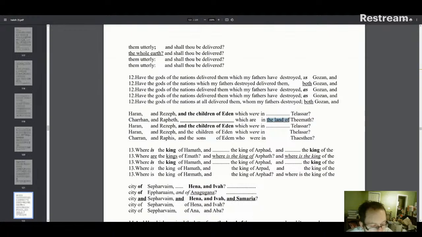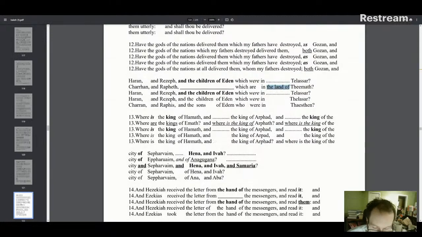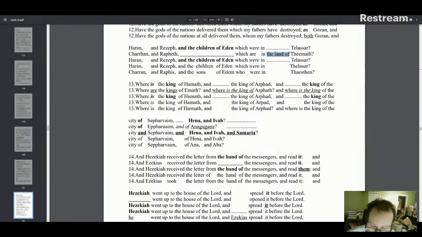The Septuagint adds land of. We've seen that before. The Septuagint is the one that adds land of, whereas the Hebrew doesn't say that. It just says the name. And the Septuagint of Isaiah butchers the spelling of the names. The other versions get it correct.